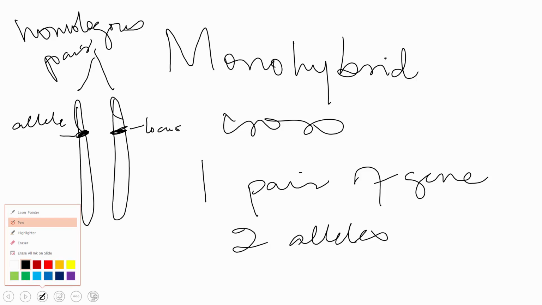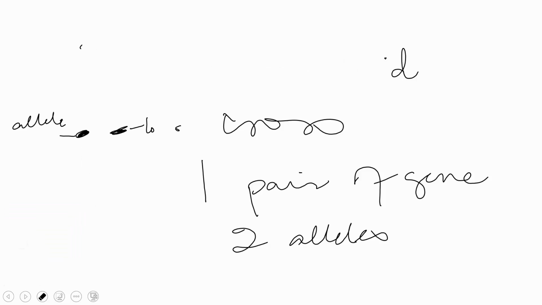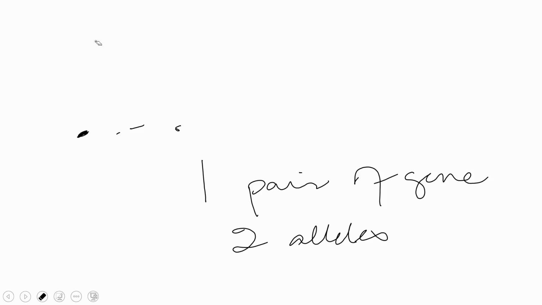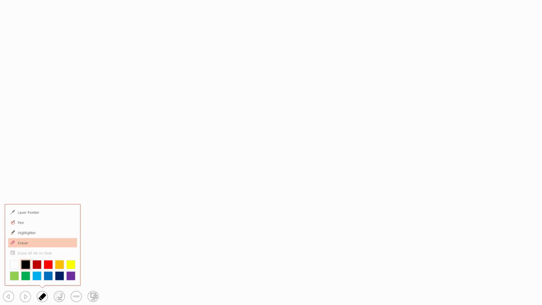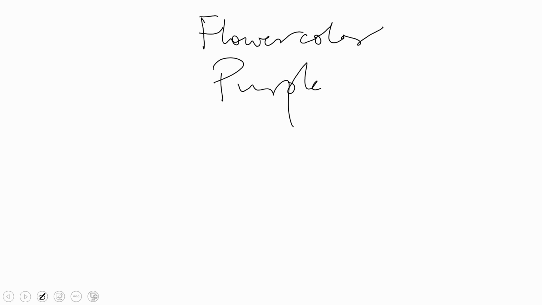We're going to start very simple, and see how this is very easily done with a Punnett square, because we don't want to write it out in a funny way. We're going to write it out in a really nice way. So let's say that the flower color is purple, like Mendel saw.